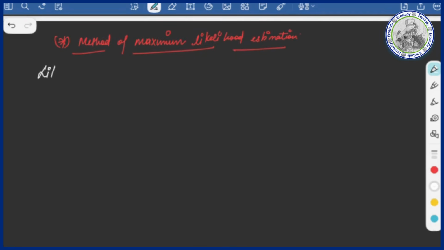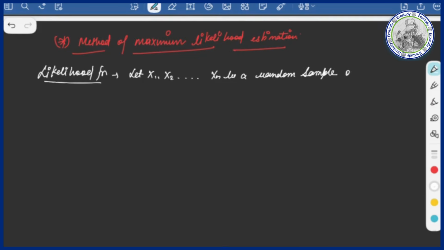First of all, we define the likelihood function. So what is the likelihood function? Let x1, x2, ..., xn be a random sample of size n from a population with density function f(x, theta), where theta is a parameter.